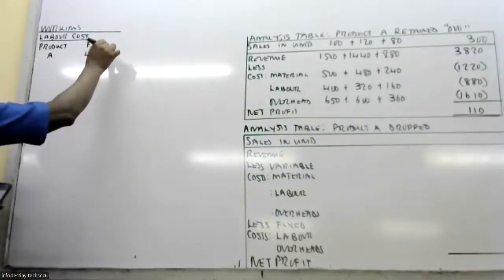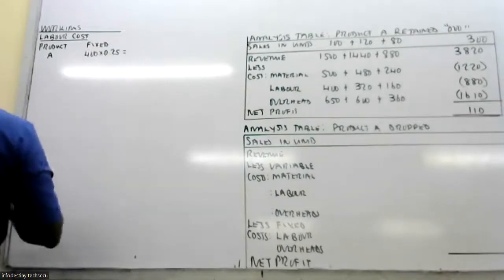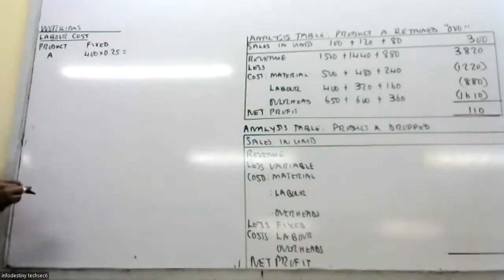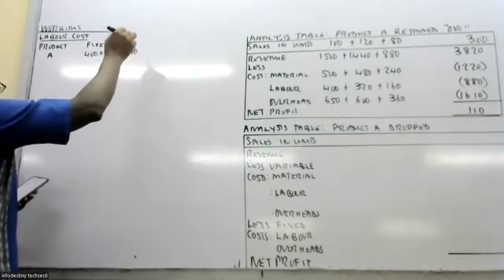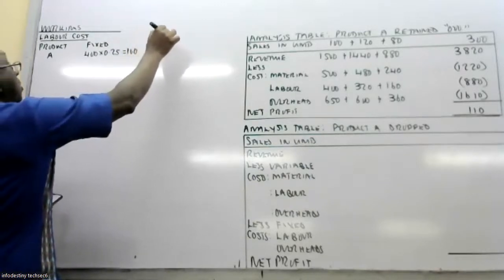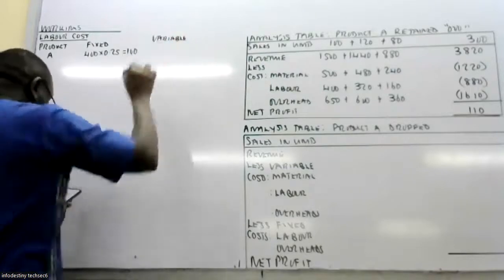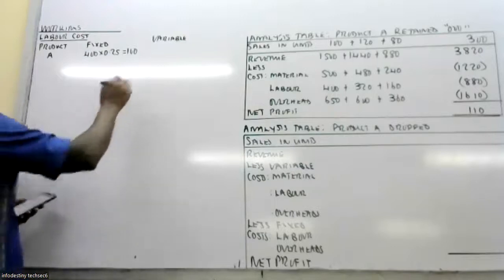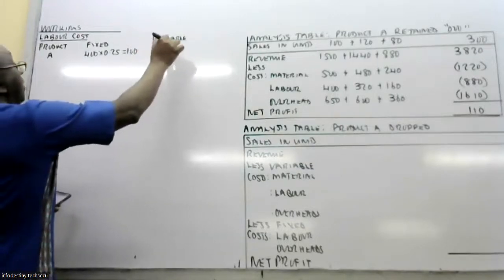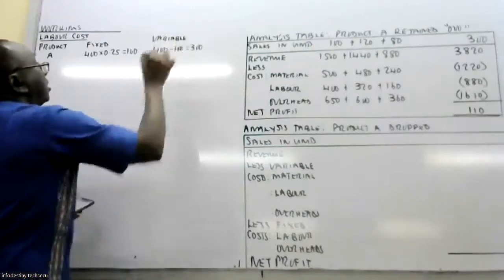25. So 0.25. That gives us 100. So the variable will be 400 minus 100, which is 300.